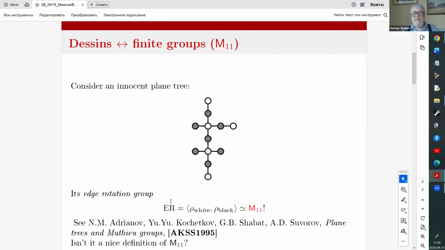And now there is another object that I better explain here. ER is the abbreviation of edge rotation group.